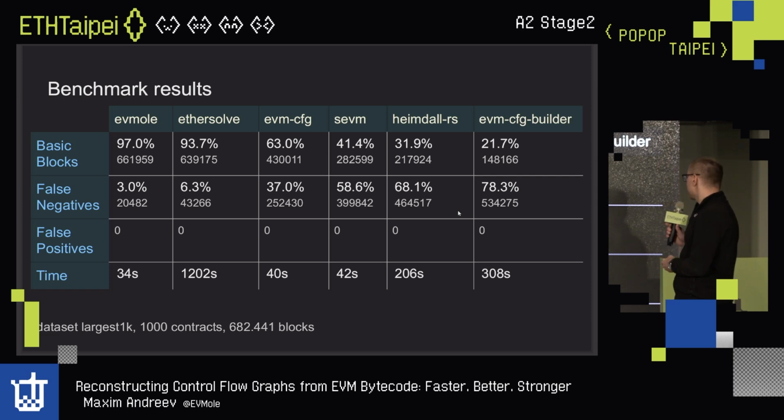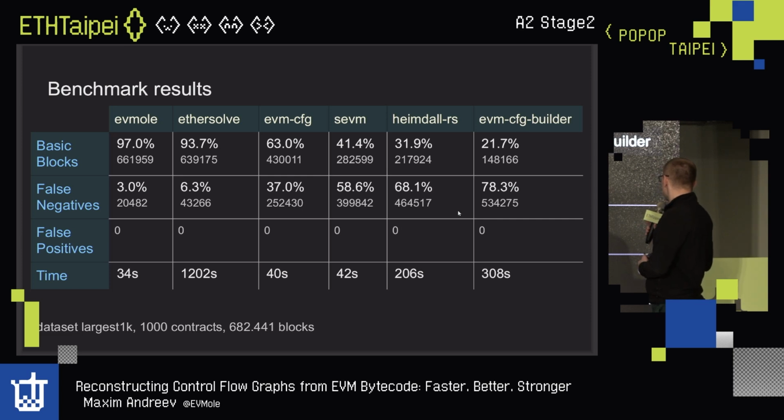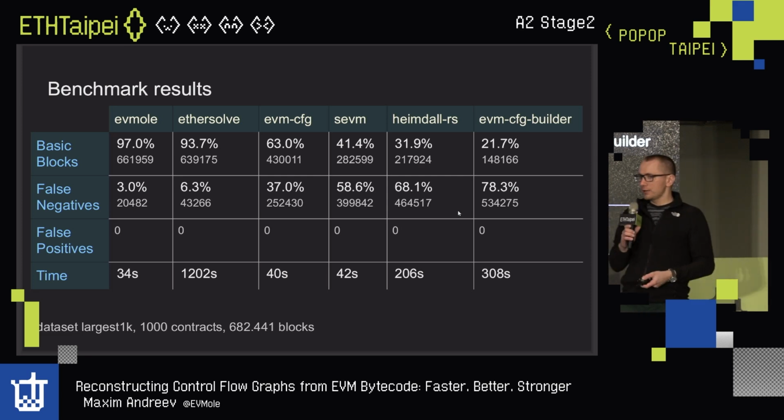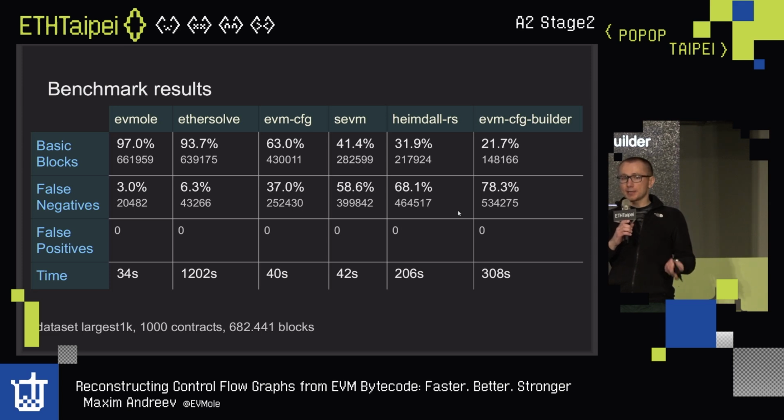Here, false positive is 0, which is good, but false negatives differ dramatically. For example, the worst one is EVM CFG Builder. It's like 80% of false negatives. And here you can see in the first column is EVMole. This is an open source library where I implemented the algorithm, which I will describe on the next slides.